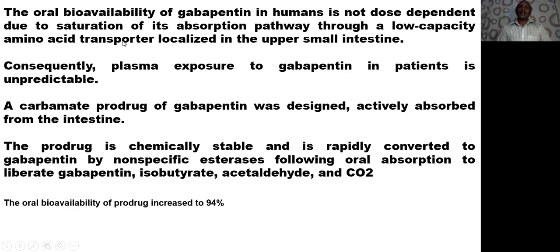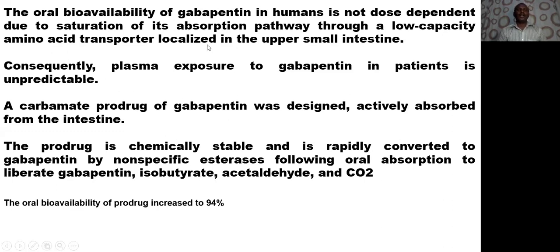This transporter transports the amino acids through the upper intestinal wall, and here it becomes so saturated that it cannot transport more gabapentin. Their expression may be less, the number of these transporters may be less, and when transporters are less, then the plasma exposure in gabapentin patients is also unpredictable.